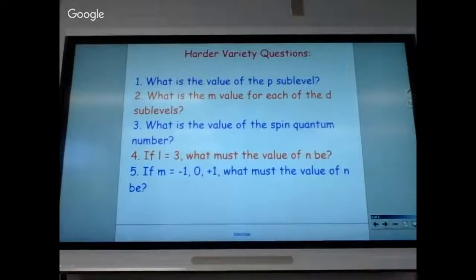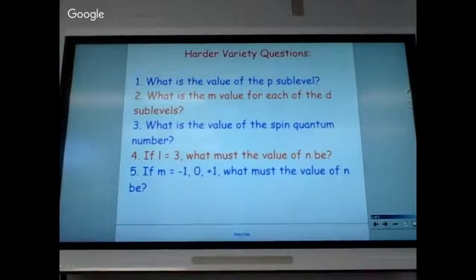Because 3 would be the number of orbitals and the number of electrons. When I say value, I'm looking for a number. What's the address of the P sublevel? That's the value. Okay. The M value is the number assigned to the D sublevels, or the addresses of all those shapes.